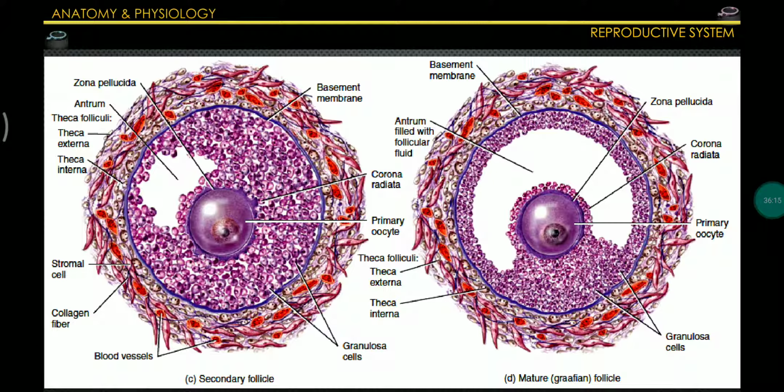Outside the granulosa cells, the stromal cells form two layers, theca externa and theca interna. The layer of cells that forms around the zona pellucida is called the corona radiata. Later the antrum increases in size, leading to the formation of the mature Graafian follicle.